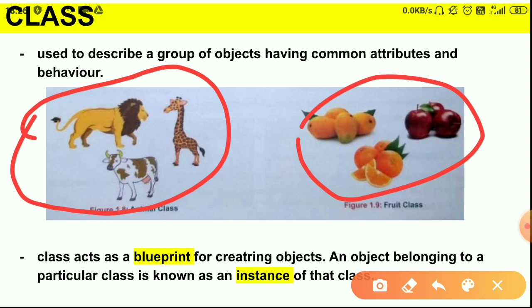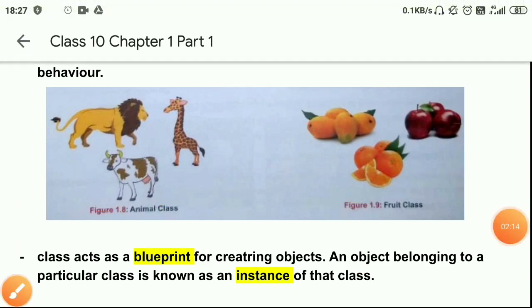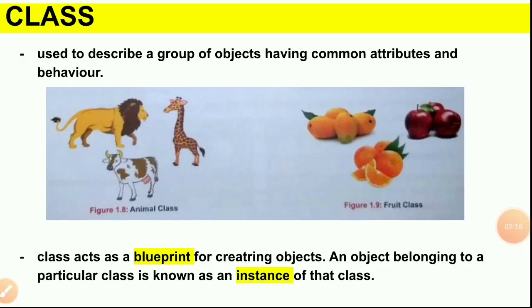So class represents all the objects having common attributes and behavior. And I hope you remember last time we discussed that objects have identity, state, and behavior, right? So I explained to you the difference between attribute and state, isn't it?